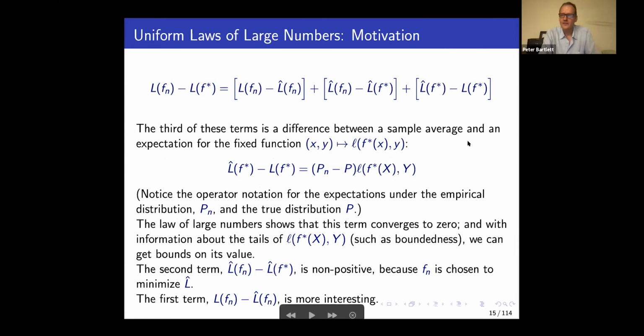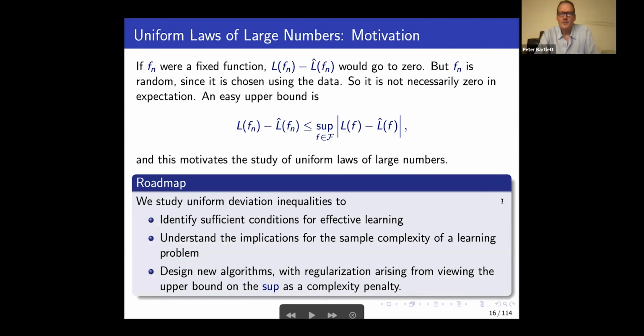Okay, great. So we got up to this point and we were talking about uniform laws of large numbers. Okay, so we're going to get one step more abstract now. Here I'm talking about the expectation of the loss incurred by a function f when we predict with f.